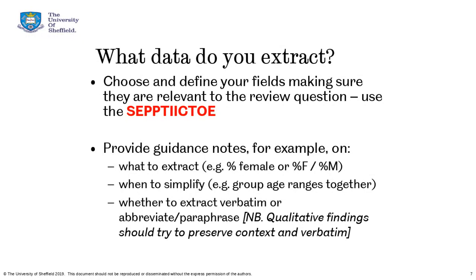So, for example, a raw age range from an article may be coded separately as covering the period we define as child and as adolescent. And this decision on whether we're going to extract textual data verbatim or whether we'll abbreviate or paraphrase. We're talking here about the descriptive data. The recommendation would be that qualitative findings should always try to preserve the exact nature of the context and to include verbatim quotations.